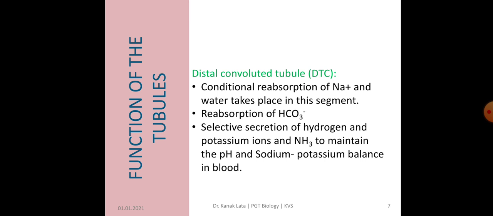Here there is conditional reabsorption of sodium ion and water. There is reabsorption of bicarbonate ions here, and also selective secretion of hydrogen and potassium ions and ammonia to maintain the pH and ionic balance of sodium and potassium in the blood.